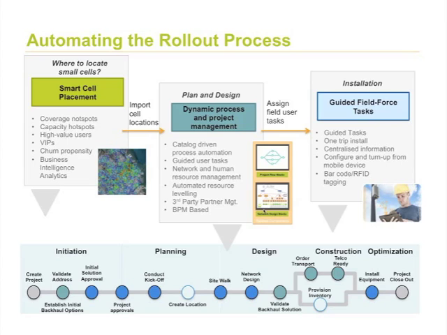So this is the small cell solution, which is the dynamic process and project management tool, and this is a tool which utilizes a catalog driven approach to process automation, and I'll talk about that in a little bit more detail in a minute. It provides guided user tasks for individuals. It manages network and human resources. It automates the resource leveling as an option, and it can deal with third-party partner management and so on.